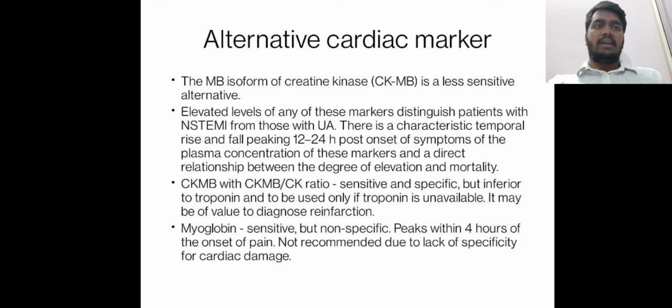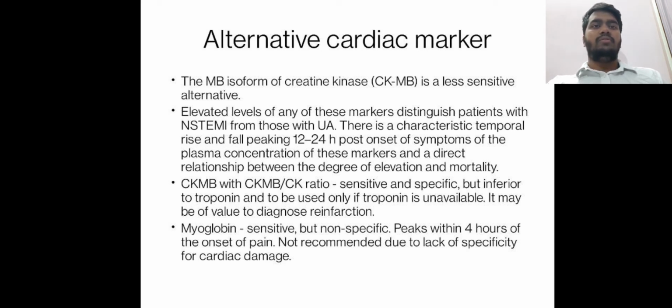There is a characteristic temporal rise and fall, peaking 12 to 24 hours after onset of symptoms, of the plasma concentration of these markers, and a direct relationship between the degree of elevation and mortality. CK-MB, with the CK-MB by CK ratio, is sensitive and specific but inferior to troponin, and is to be used only if troponin is unavailable. It may be of value to diagnose reinfarction.